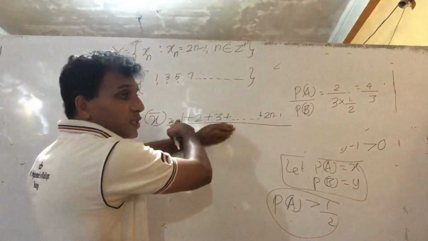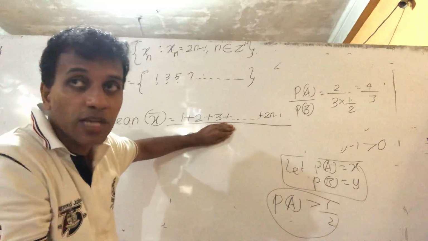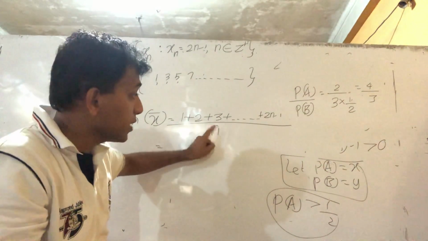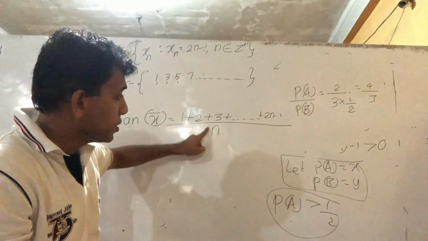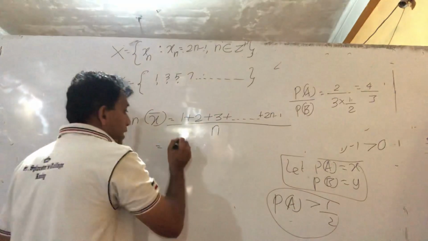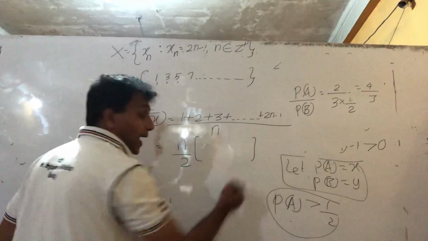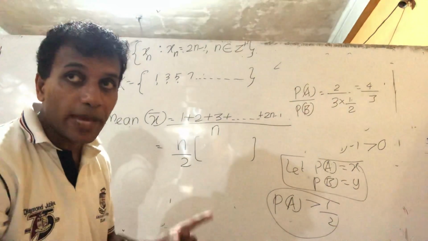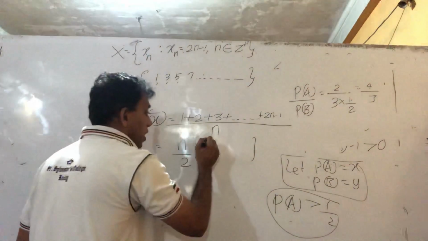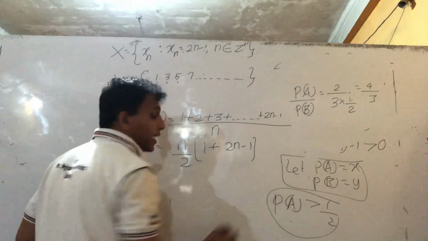You know the first term is 1, the last term is 2n minus 1, and n terms are available. Therefore, n by 2, a plus l, where a is 1 and the last term is 2n minus 1.